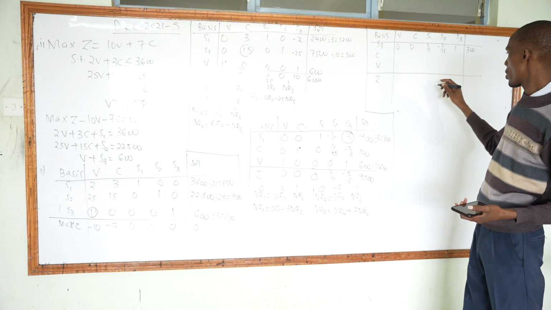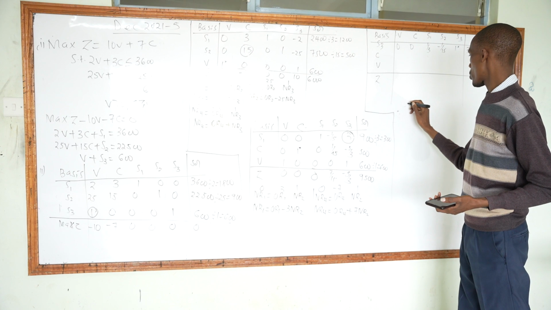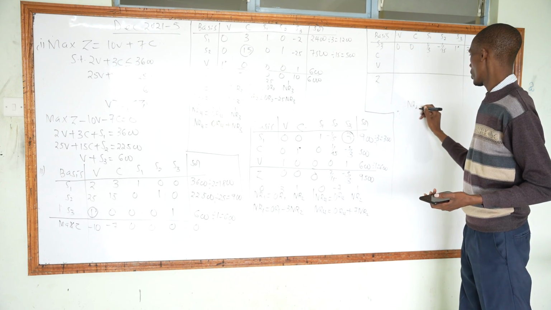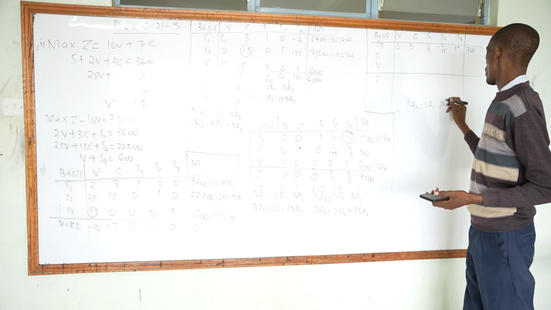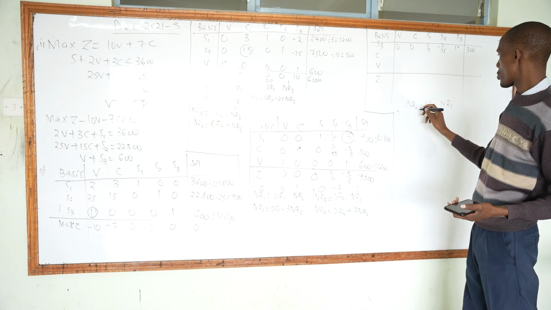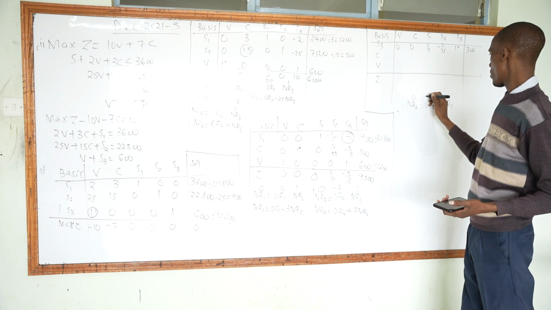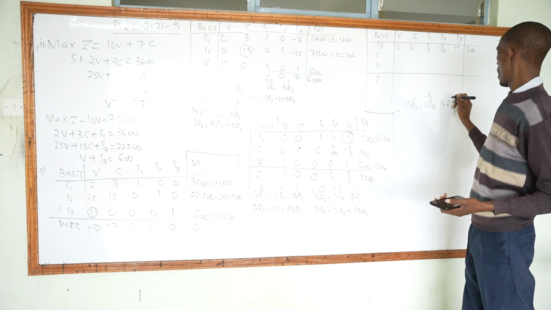So let us take a view. Remember, we are now focusing on that. New row 2 using old row 2 and new row 1. So old row 2, we want this to become 0 and equally negative 5 over 3. And this is 1.